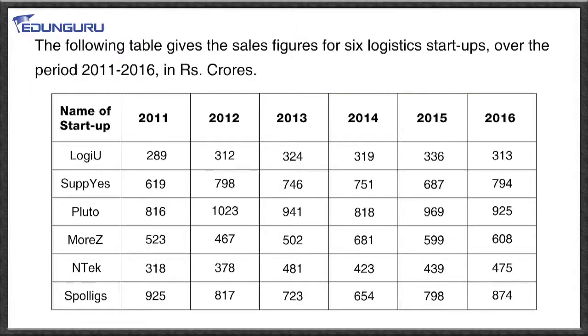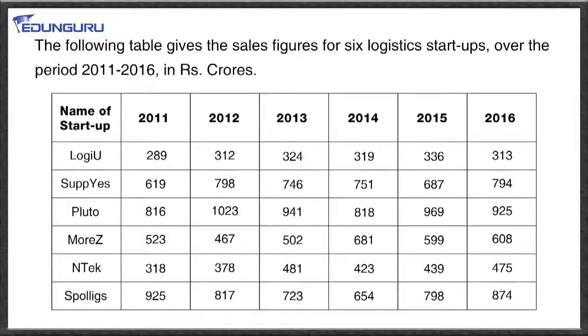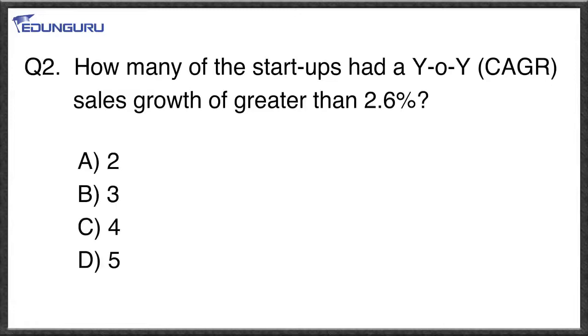Spolix on the other hand, you can see it has decreased from 925 to 874. Since it's a decrease, we do not need to even bother about the increased percentage of 13.69. So, what are the brands which have an increase of 13.69 across the given period? SAPS, MoreZ and NTech. These 3 brands had an increase, hence the answer will be option B, which is 3.